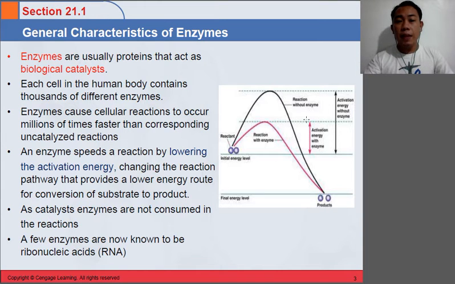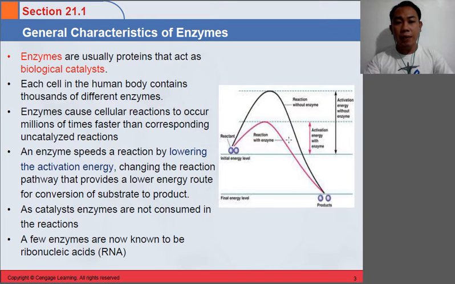As you can see in this illustration, we have two reactions here. One reaction is colored black, and another is colored red or pink. The black line represents the reaction without the enzyme, and the other represents the reaction with the enzyme.